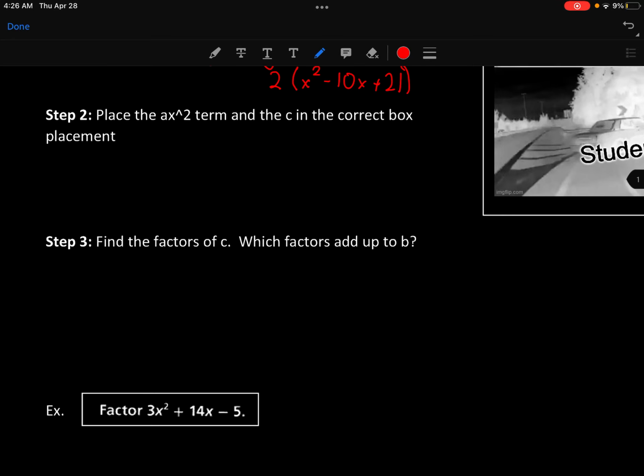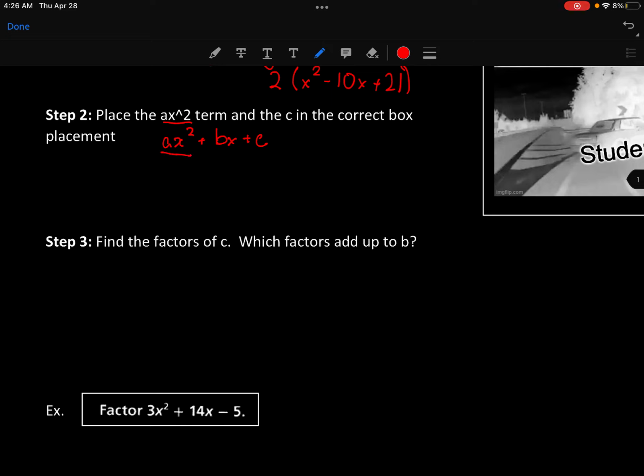All right, going back to step number 2. Place the ax squared term and the c in the correct box placements. I got the ax squared from the standard form of the trinomial, which is ax squared plus bx plus c.